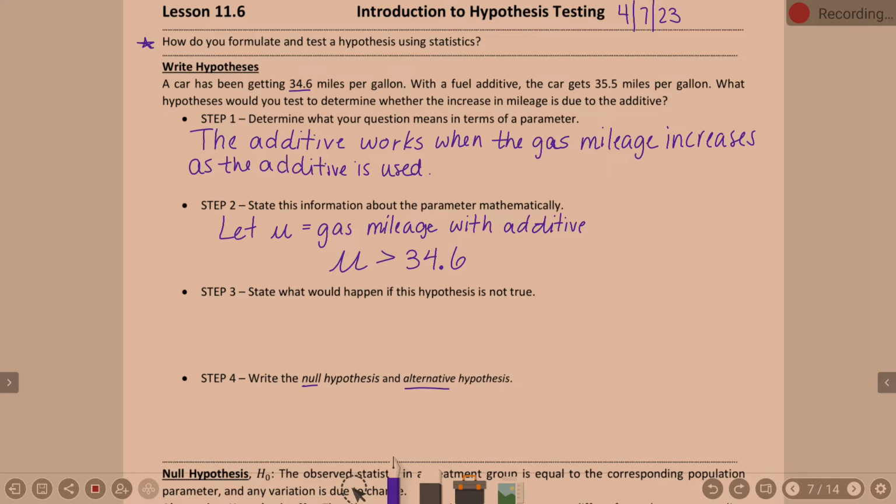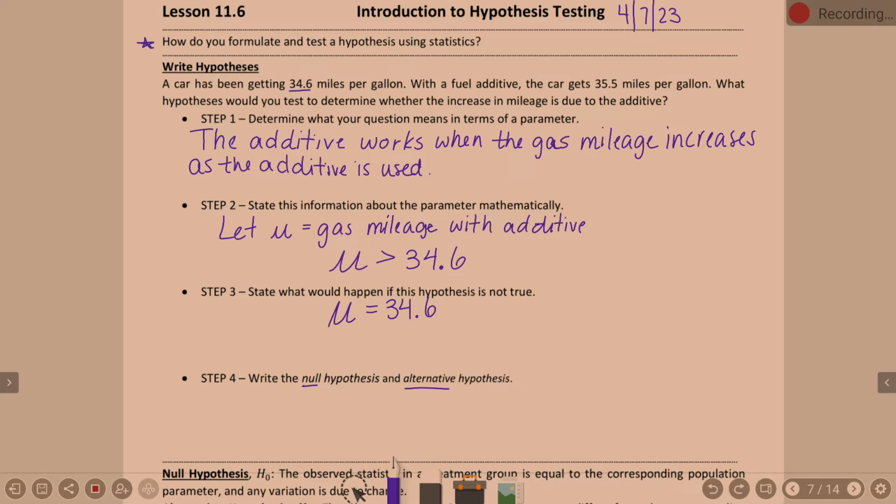Step 3, state what would happen if this hypothesis is not true. What's true about the gas mileage if the additive doesn't work? It stays the same, right? So our other hypothesis is that mu is 34.6.